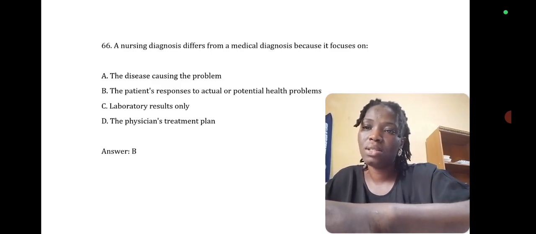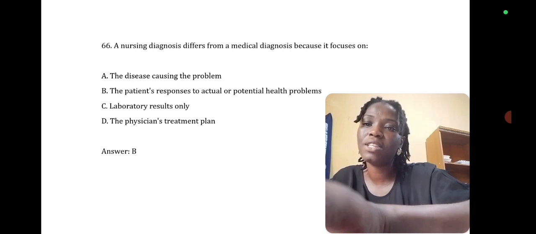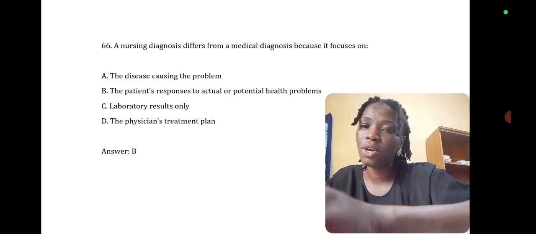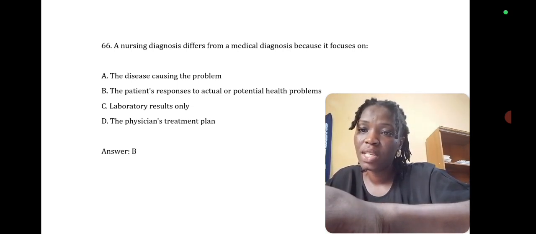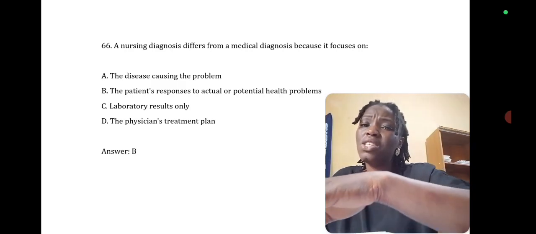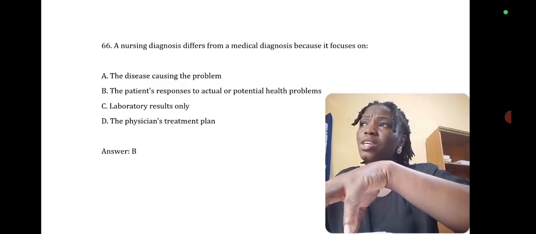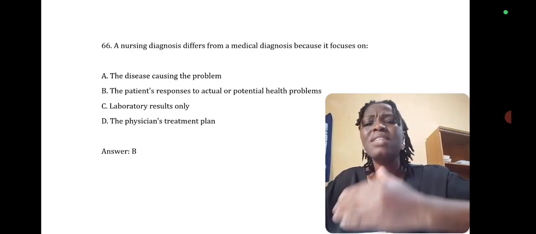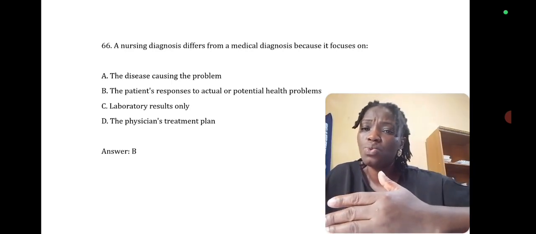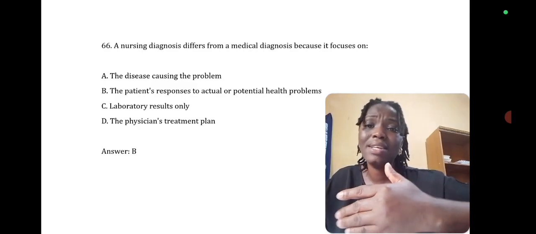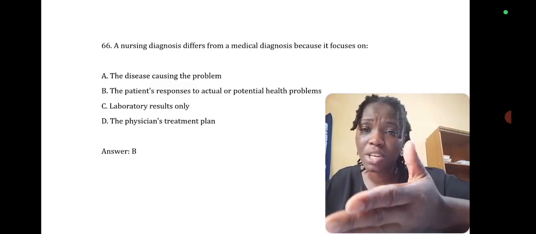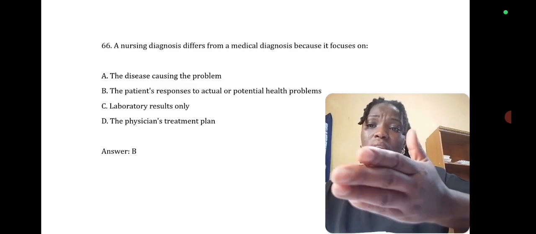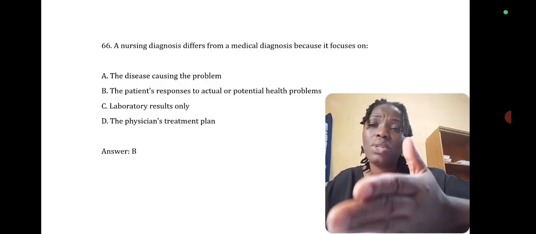Number 66. A nursing diagnosis differs from a medical diagnosis because it focuses on what? It does not just focus on the patient's immediate need. It also wants to see the response that this patient will give when you put in your interventions. So they say the patient's response to actual or potential health problem.